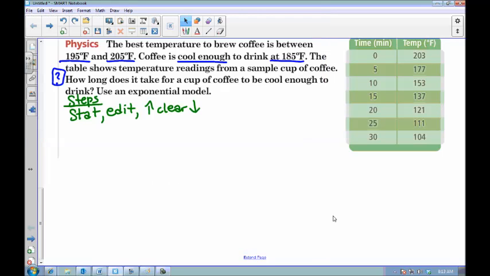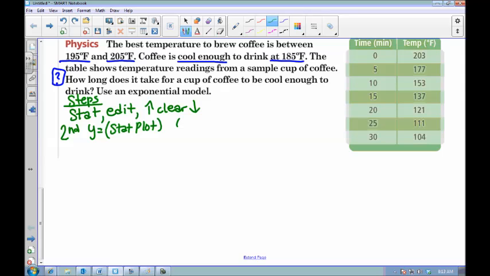So let's write the steps we just did. We went second, Y equals, which selects the stat plot. We have to make sure the stat plot is on, that we have the dots, and that we have L1 and L2 selected, and that we have the box.